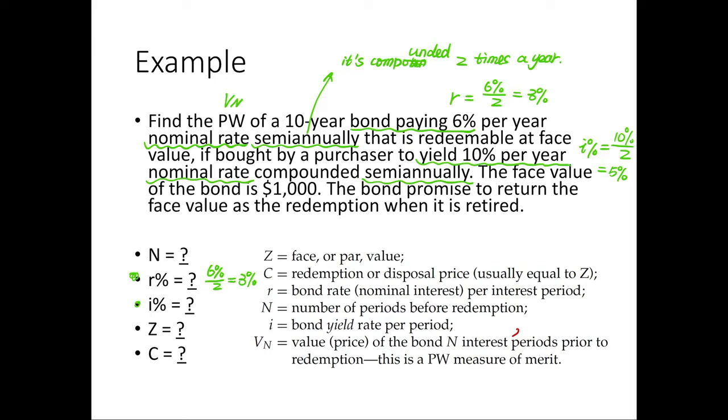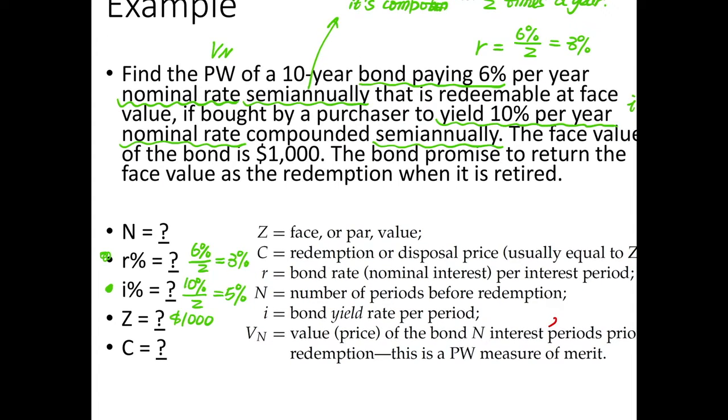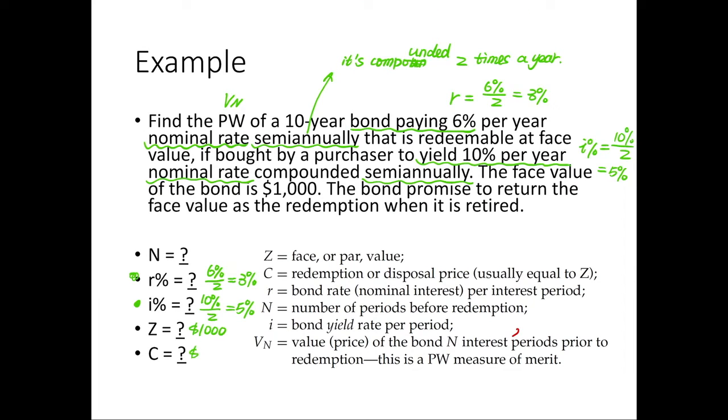So you can also answer this question. Your yield rate per period is 10% over 2, which is 5%. And the face value of the bond is 1,000, so the Z is 1,000. And it said that the redemption is the same as the face value, so the C is also 1,000.